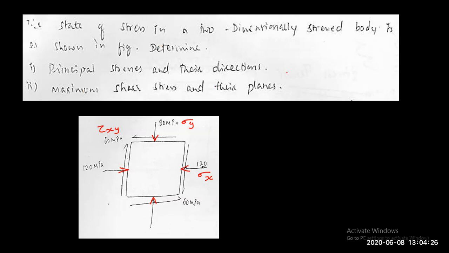Sometimes you may have a third value also, like find normal stresses. So this means you need to find sigma theta and tau theta. Okay, so these are also given.